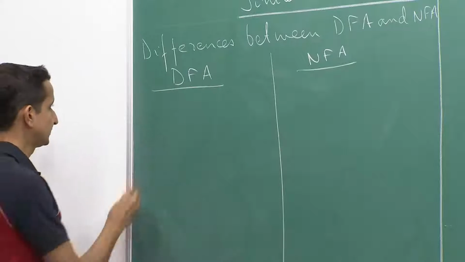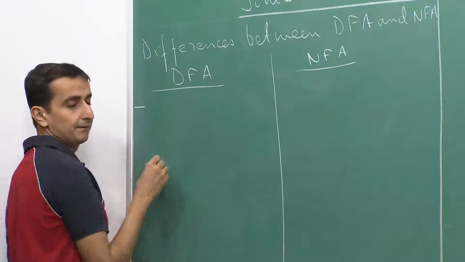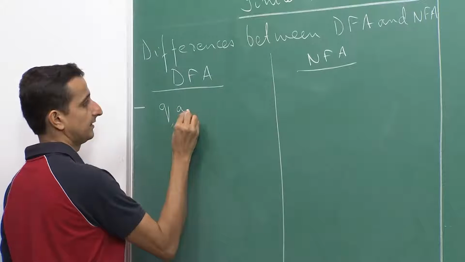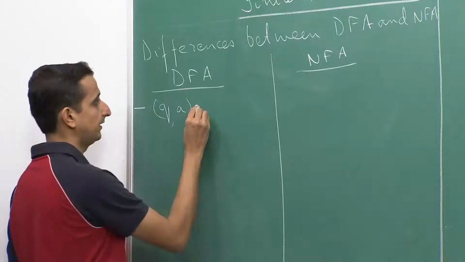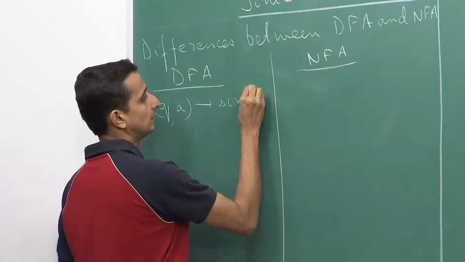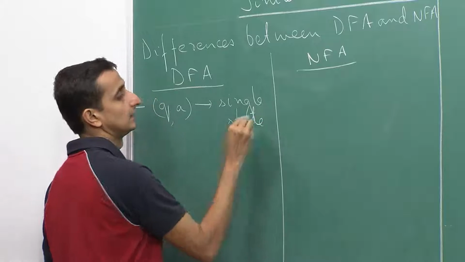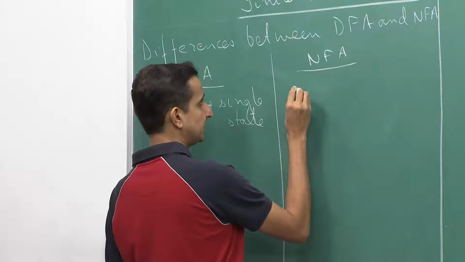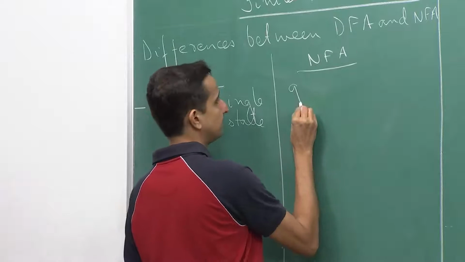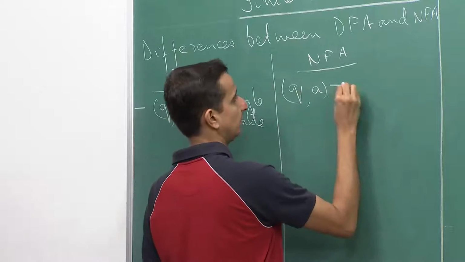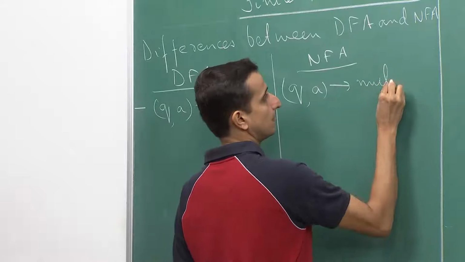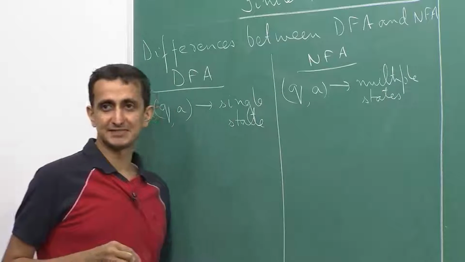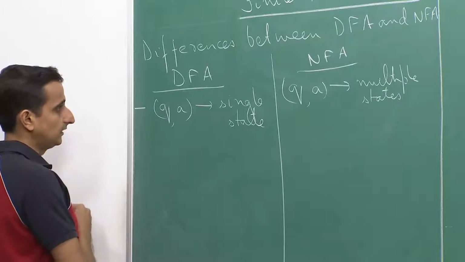The first is, in a DFA from a state comma symbol pair, we go to a single state always. This is the most important feature, whereas in the case of an NFA from a state comma symbol pair, we can go to multiple states.